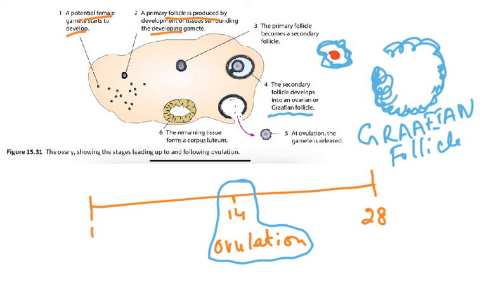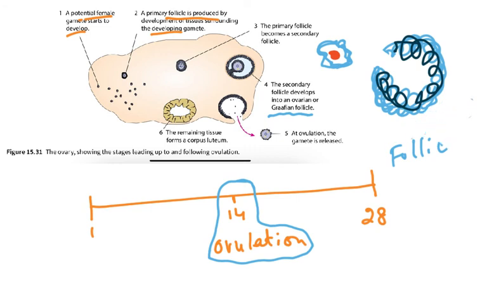The remains of the Graafian follicle which are left behind is not going to be called a Graafian follicle. This is now going to be given a separate name. It is the same Graafian follicle without the ovum and the follicle cells which have now come out of it.